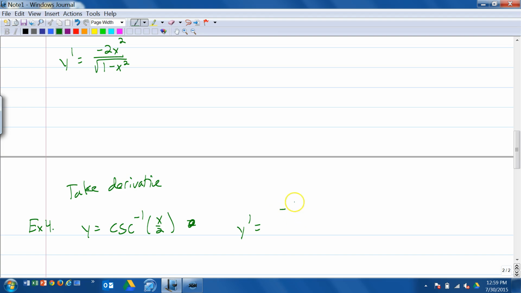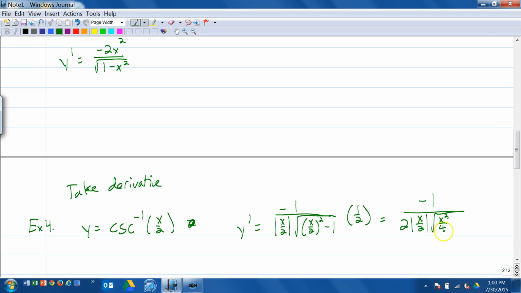is equal to negative 1 over the absolute value of x over 2 times the square root of x over 2 quantity squared minus 1 times the derivative of x over 2. You have to think of this as 1/2 x, so the derivative of 1/2 x is 1 over 2. So we can rewrite this as just negative 1 over 2 absolute value of x over 2 square root of x squared over 4 minus 1.